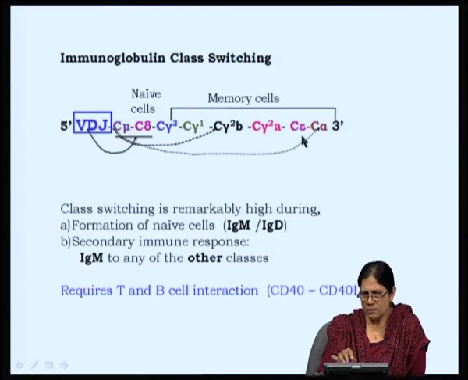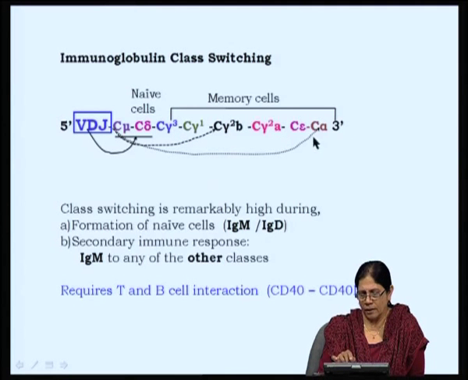What are these isotypes? They are the constant domains, remember, which we have seen in the immunoglobulin gene organization. This is exactly that, the immunoglobulin constant domain genes, which are always in this particular sequence: mu, delta, gamma 3, gamma 1, gamma 2b, gamma 2a, constant epsilon, constant alpha.